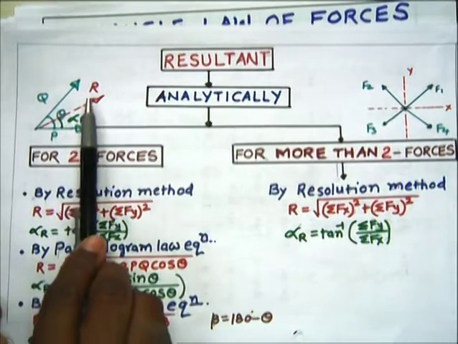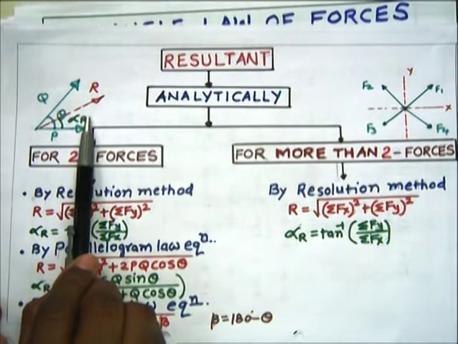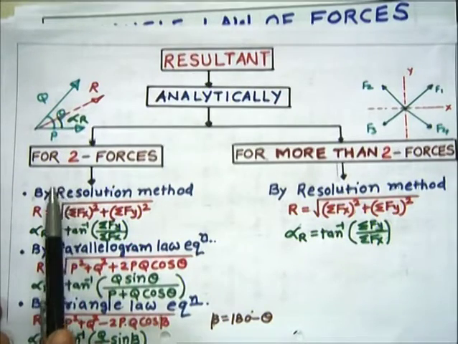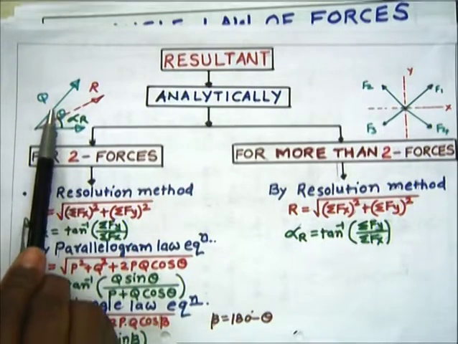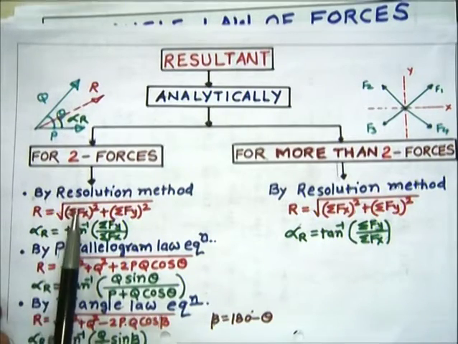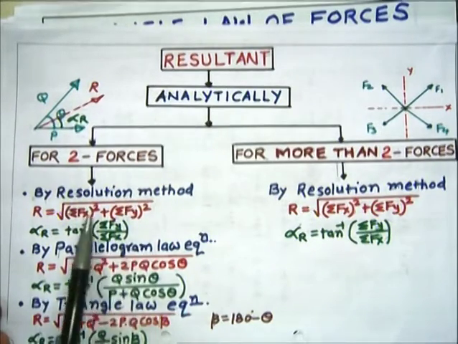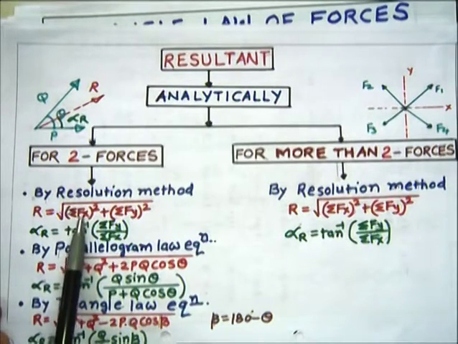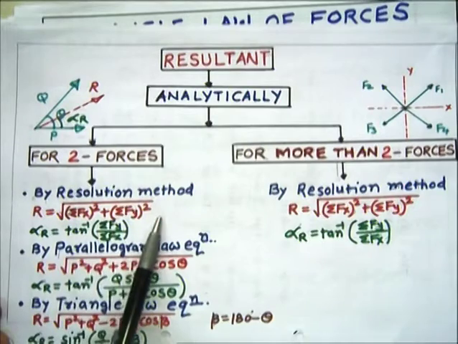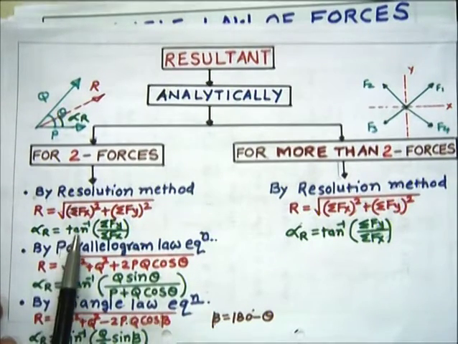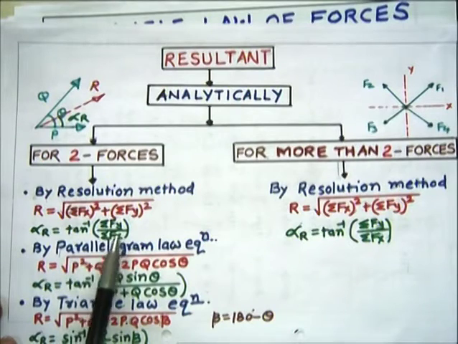Then the resultant of these two forces is say R, and the angle of that resultant with P is say alpha R. In the resolution method we need to resolve the inclined force, then find sigma Fx and sigma Fy, and then R is given by the square root of sigma Fx square plus sigma Fy square, and the angle of the resultant alpha R in the resolution method is tan inverse of sigma Fy by sigma Fx.